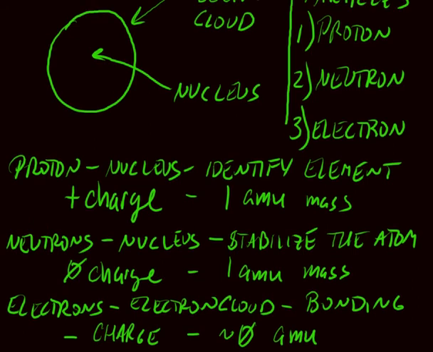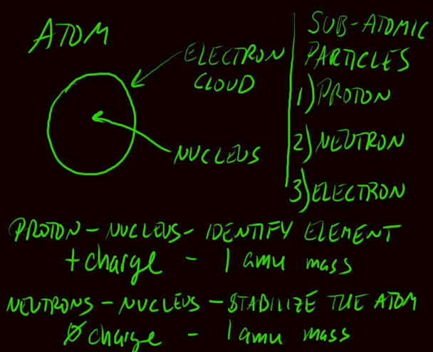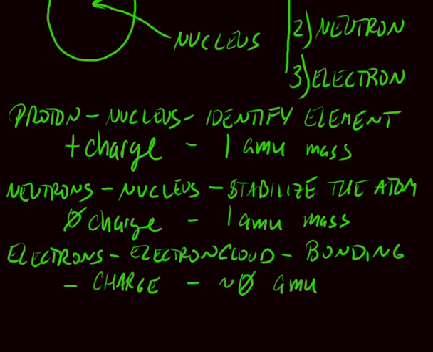All right, so we have the atom, nucleus and electron cloud, subatomic particles, proton, neutron, and electron, and we have a general idea of what they do in the atom. And we should probably note that we have shorthand for each of them.